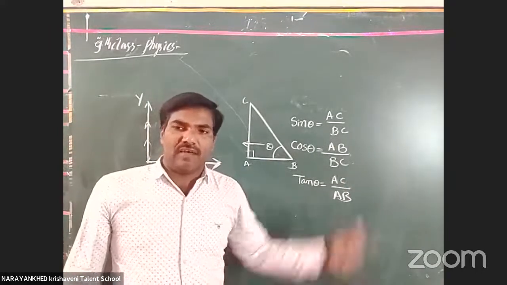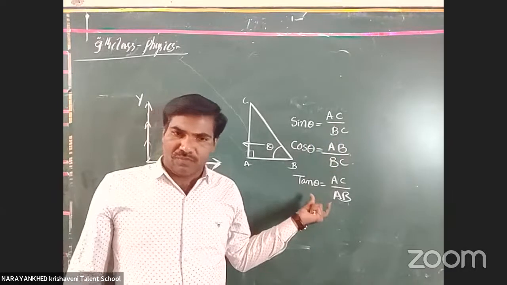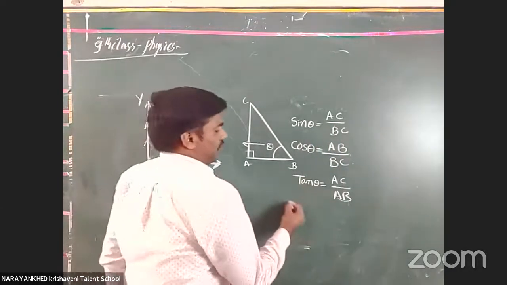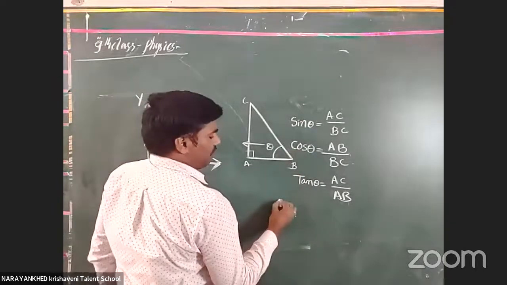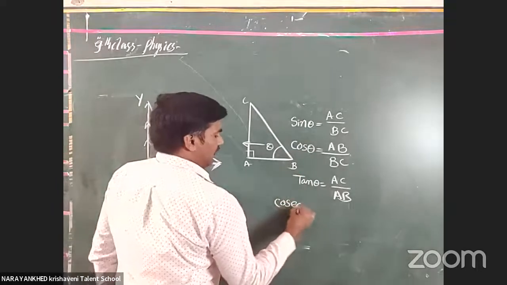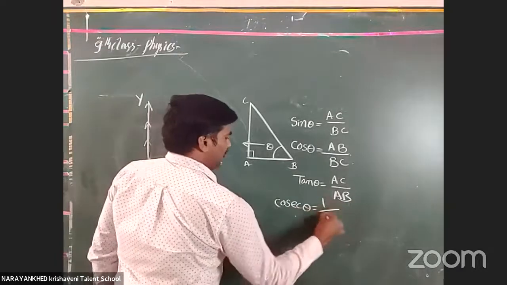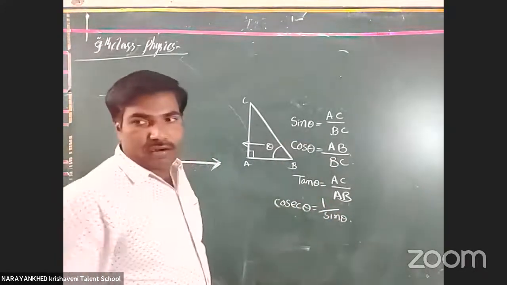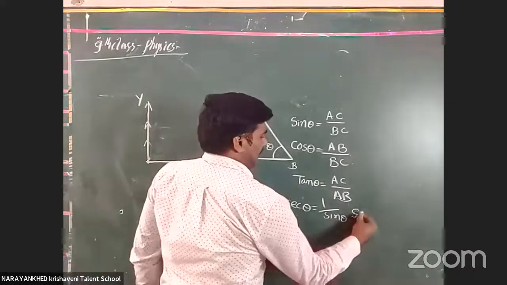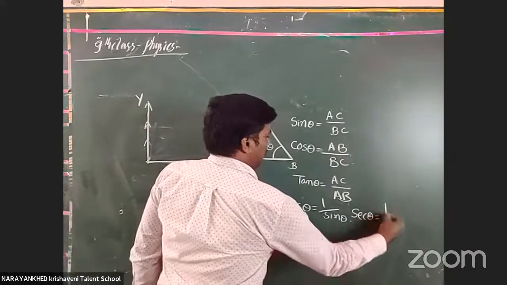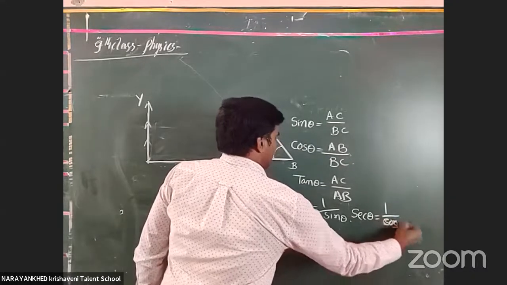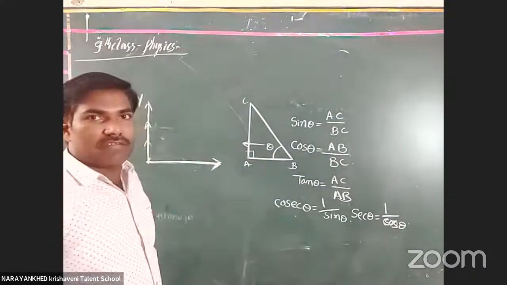These are the mainly used ratios. Now there are some more trigonometrical functions. Cosec theta is equal to 1 by sin theta, the reciprocal. The next one is sec theta, which is 1 by cos theta.